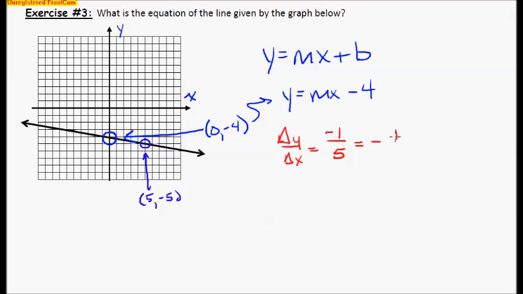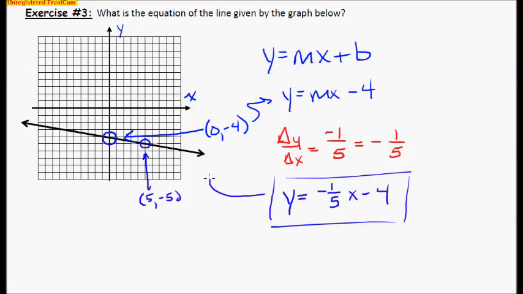Okay, well, a negative divided by a positive gives me a negative number, so there's my slope. All right, so now I just take my slope and I plug it into this formula that I already have. And there you go. There's your equation of that line. All right? So no really heavy-duty math to do for this.